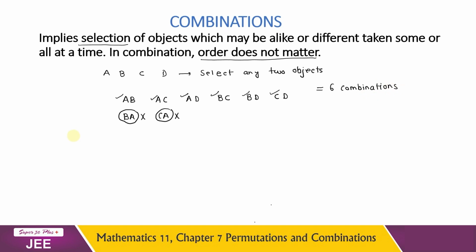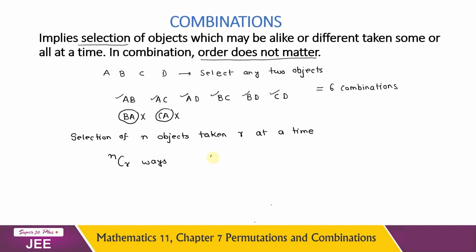If we have to make a selection of n objects taken r at a time, this can be done in how many ways? This can be done in nCr ways. This is the total number of combinations of n objects taken r at a time.